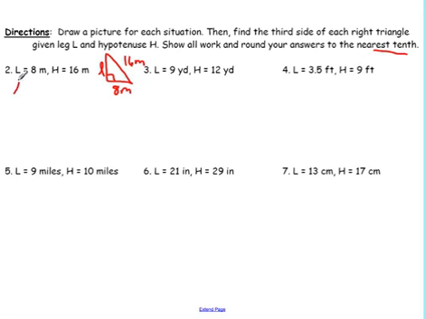Again, I'm going to continue using this formula. L squared plus L squared equals H squared. In this case, I have L squared plus 8 squared equals 16 squared. That means L squared plus 64 equals 256. Again, it really helps if I have my perfect squares memorized. I'll subtract 64 from both sides.